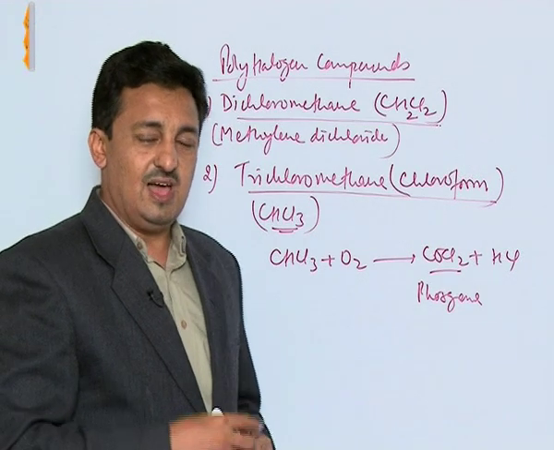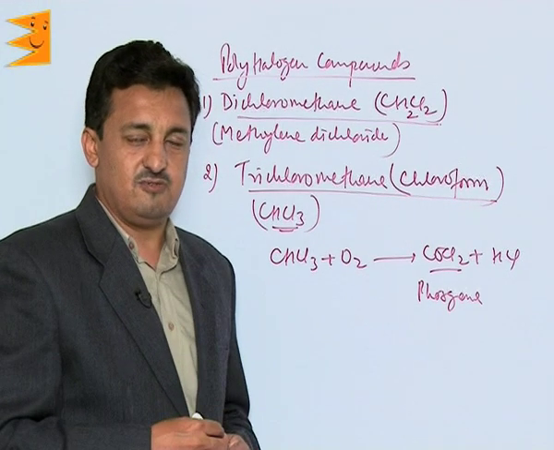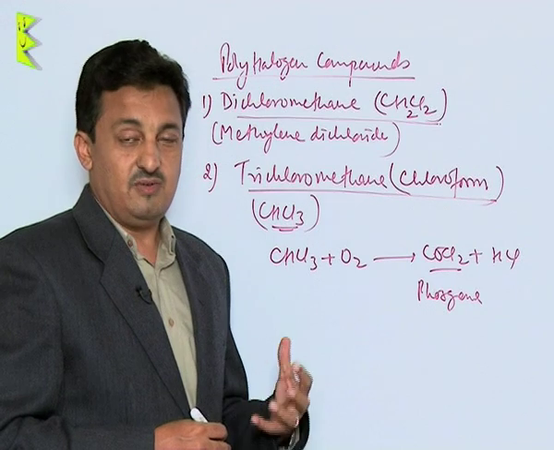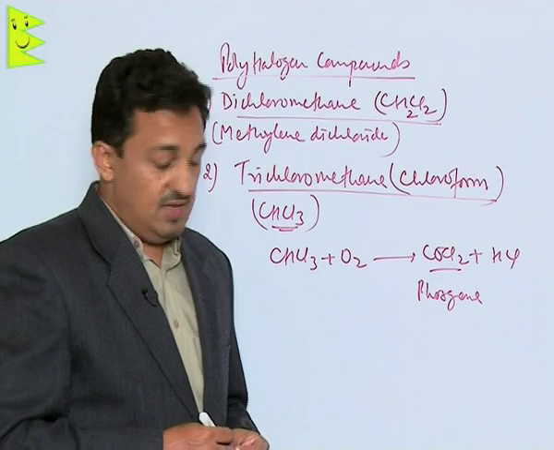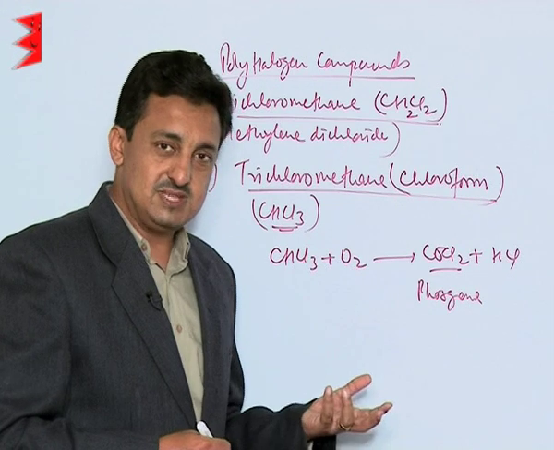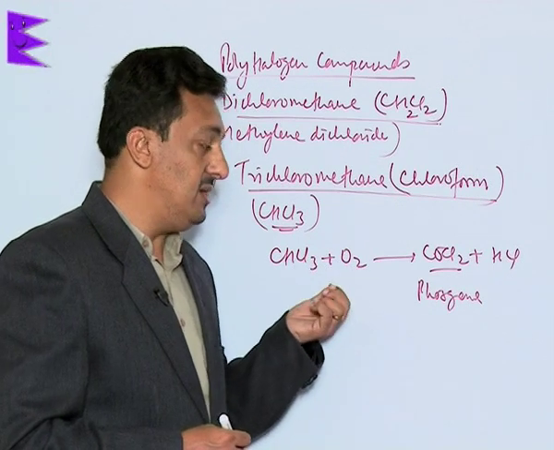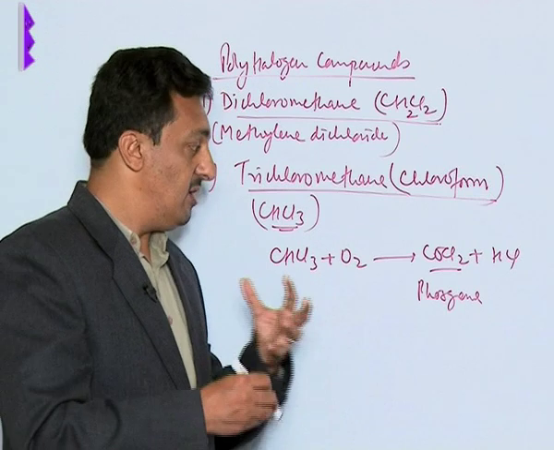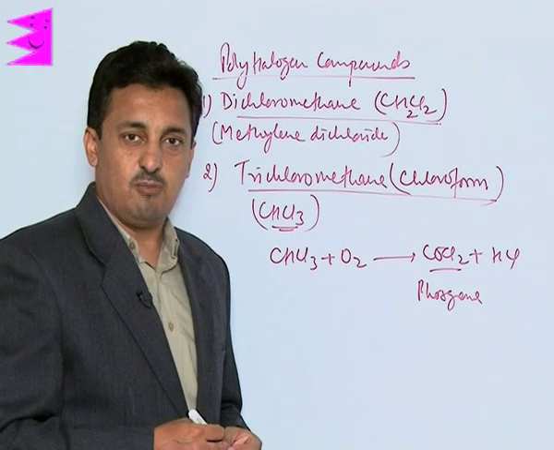This phosgene is a highly poisonous compound, responsible for death at high concentrations. This reaction is catalyzed by sunlight, and that is why we always keep chloroform in dark colored, crimson colored bottles.